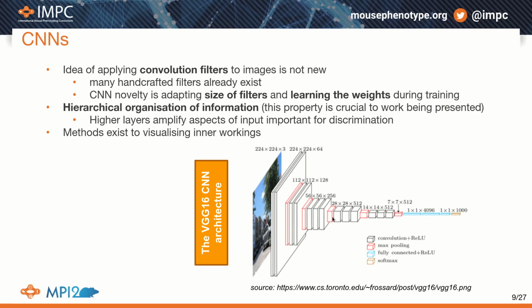So the important thing to note is that at the starting layers, low-level image features are extracted. However, as you go towards the later layers, these are combined into higher-level features that are more meaningful to human beings. And then there are methods that allow us to visualize the inner workings of the CNN and see what is important in these features.